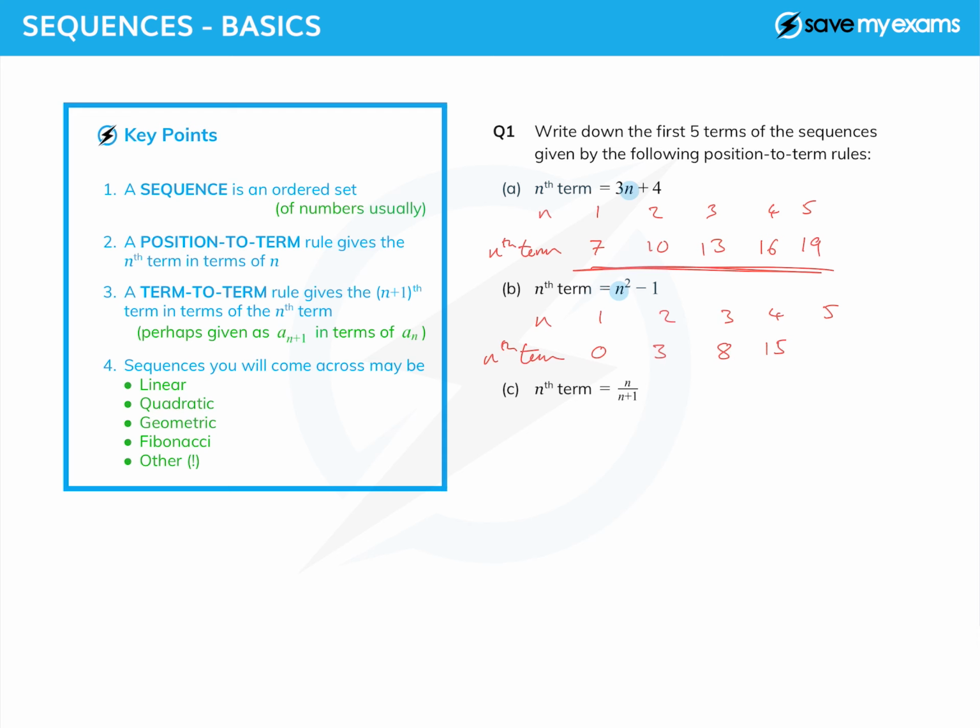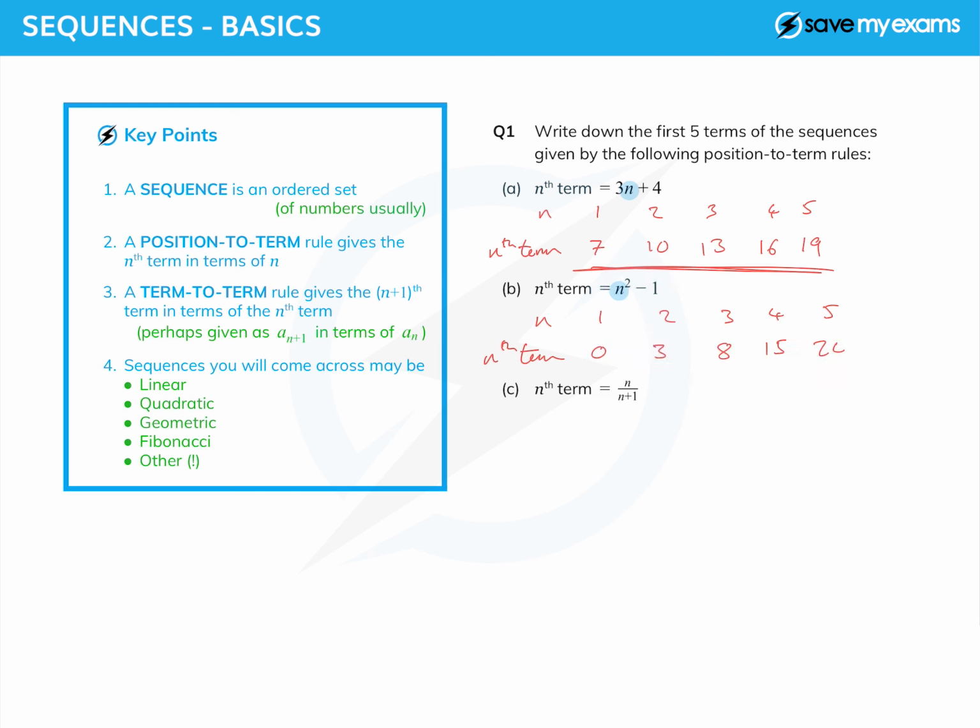And 5 squared is 25, minus 1 is 24. Just so you are aware, this first sequence is a linear sequence because that is a linear expression. This is a quadratic expression, and so this is a quadratic sequence.